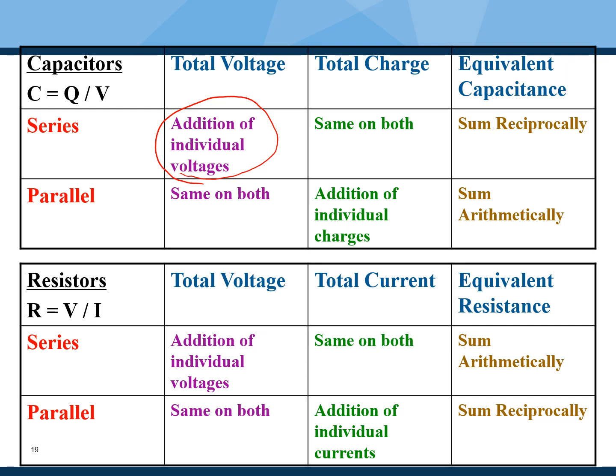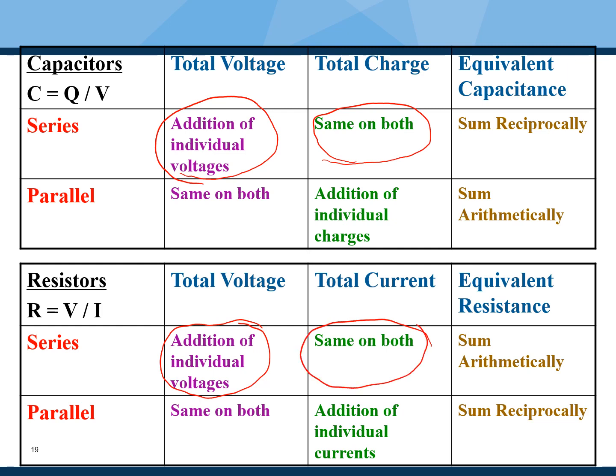And for resistors combined in series, we also have a situation where the resulting voltage is the addition of the individual voltages. The total charge that you can draw from two capacitors in series is the same as the charge in one of them, and therefore they have both the same charge. Now, when dealing with resistors, we're not interested in charge but in current, and we see therefore that they have both the same current.